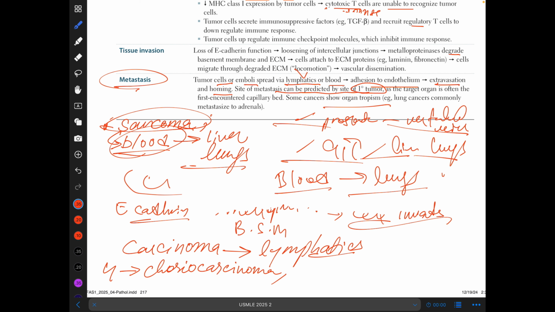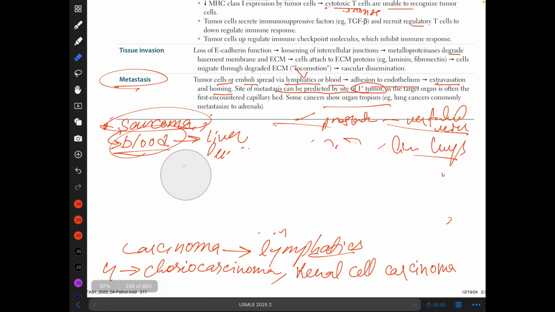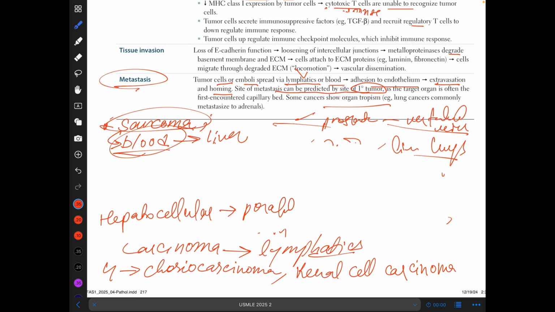Second is renal cell carcinoma, which spreads by the renal vein. Then hepatocellular carcinoma, which spreads by the portal vein. And one is follicular thyroid carcinoma. Okay?